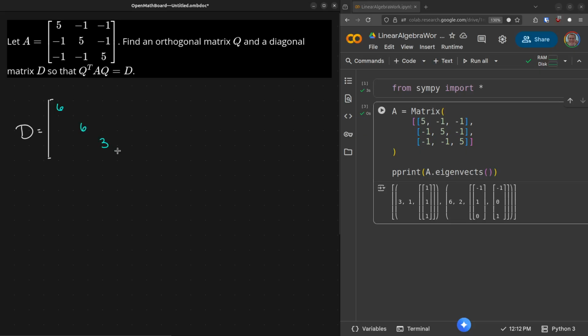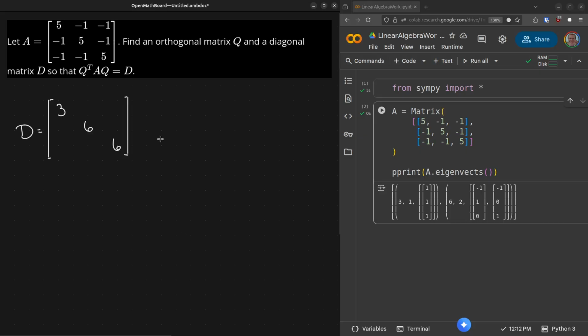As long as all the eigenvalues are there, and in matrix Q, the corresponding columns of Q are eigenvectors of those same eigenvalues, we're good to go. I'll stick with 3, 6, 6. Okay. And of course, remember that for these entries that I'm leaving blank, they're just 0, right? We're just doing that to save some time. Okay, so I have my diagonal matrix D.